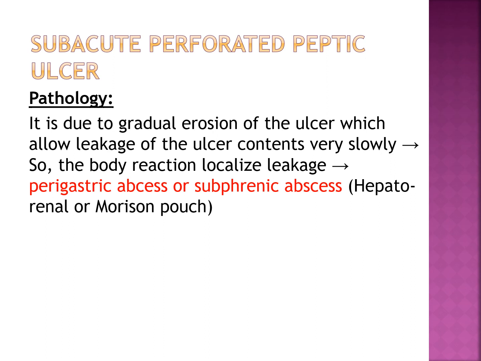When it is subacutely perforated, it leads to leakage of a minimal amount of fluid due to the gradual erosion of the ulcer, and the body reaction tries to localize this leakage or this infection according to the mechanisms we have mentioned before, leading to the formation of a perigastric abscess in case of subacute gastric ulcer perforation, or the formation of a subphrenic abscess in case of a minimal subacute perforated duodenal ulcer.